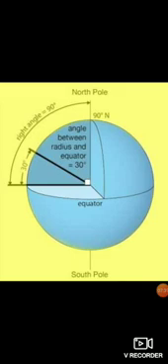Now, you have to remember that latitudes are measured in degrees, because we write every latitude as degree north or degree south, depending on whether it is in the northern hemisphere or the southern hemisphere.